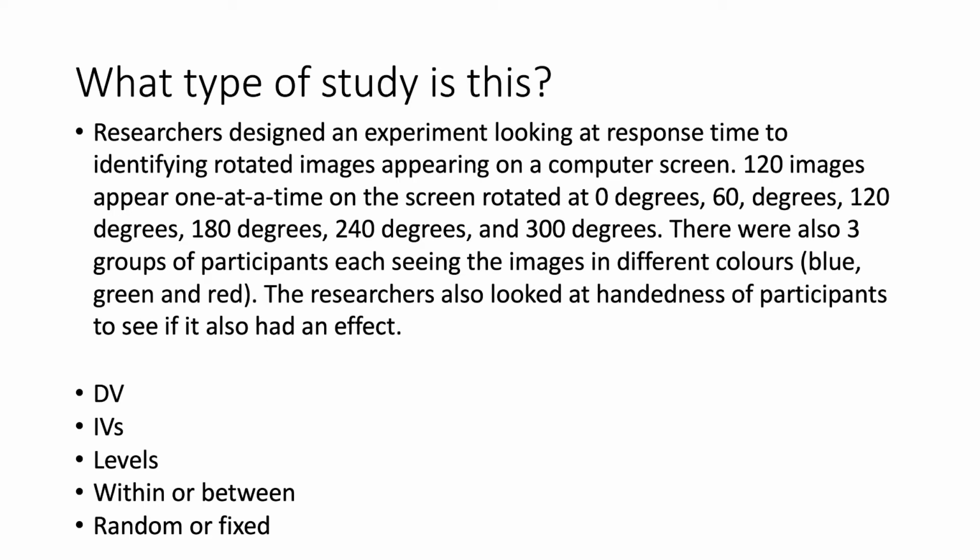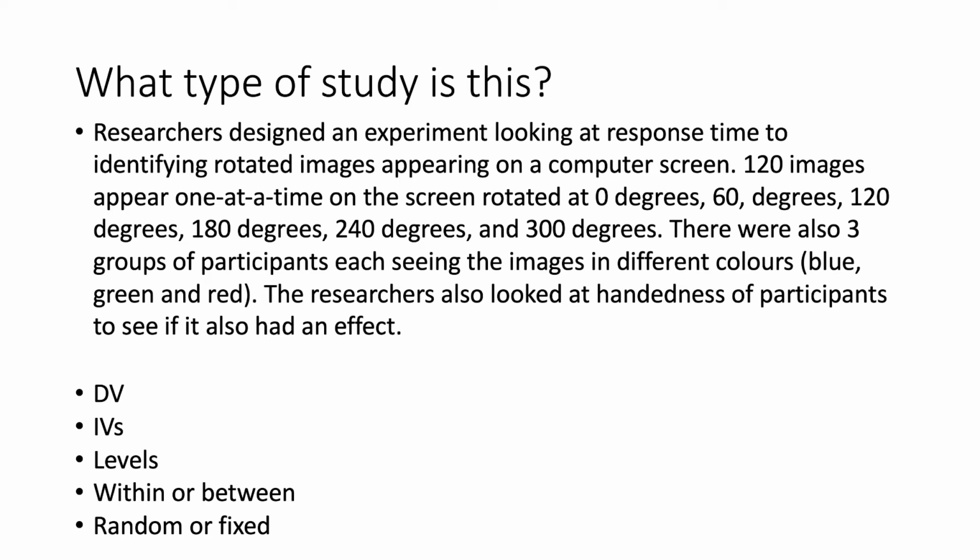There's another variable here, which is going to be degree of rotation, and that's going to be a within subject variable. So orientation might be a good variable name, and the levels might be 0, 60, 120, 180, 240, and 300, right?